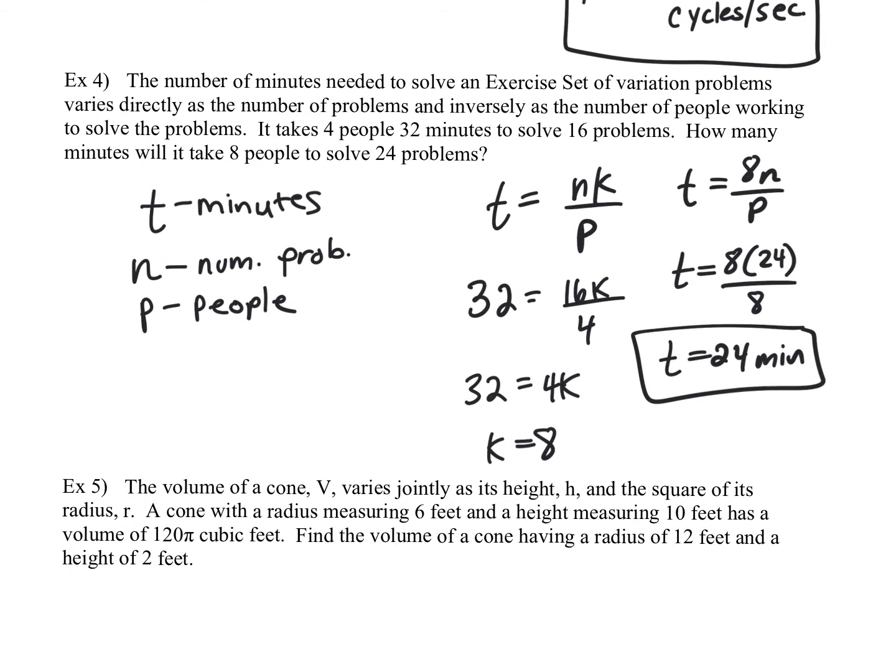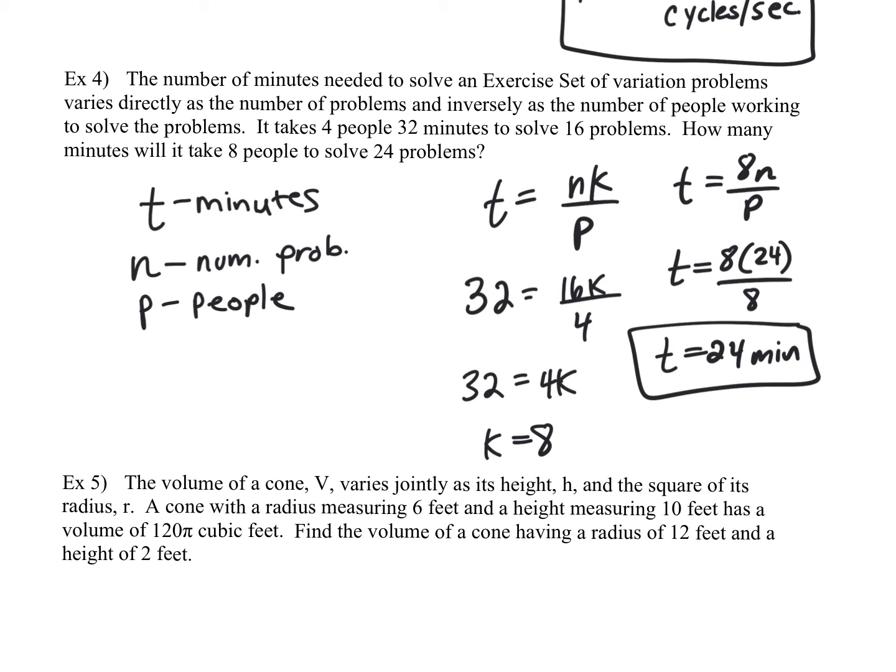Here on number 4, they tell us that the number of minutes needed to solve an exercise of variation math problems varies directly as the number of problems. So that's where the time varies directly, and inversely with the number of people. So the inversely with the number of people goes in our denominator in our setup.